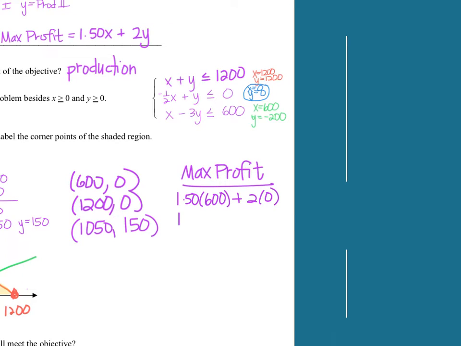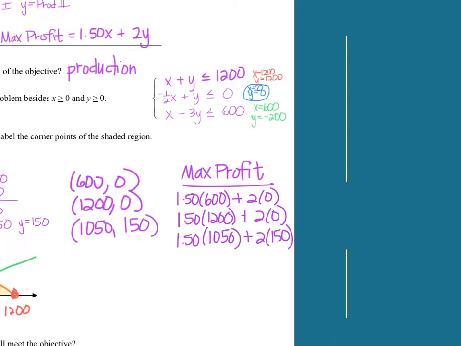Or it could be $1.50 times 1200 plus 2 times 0. Or it could be $1.50 times 1050 plus 2 times 150. One of those combinations is the maximum profit altogether.